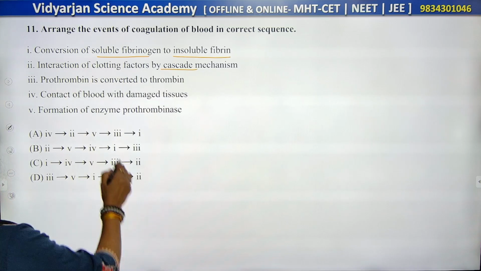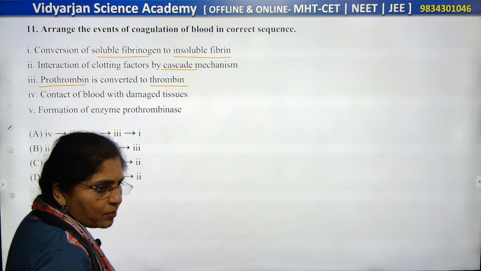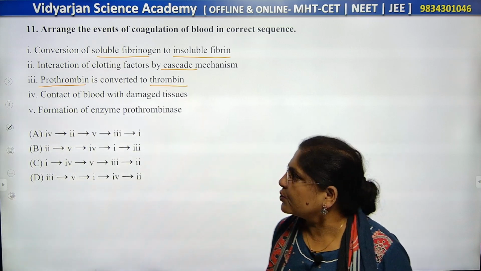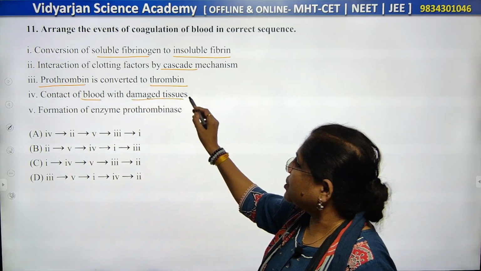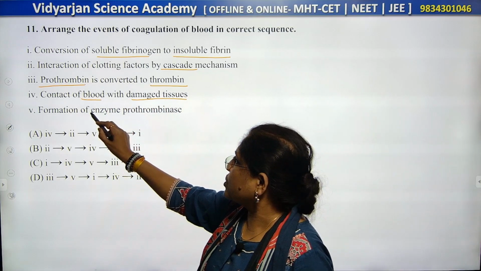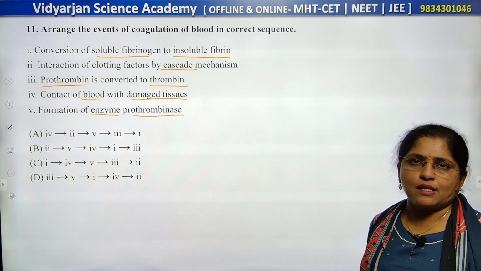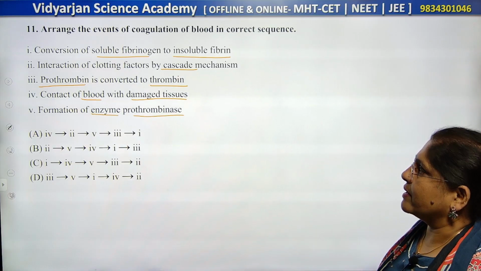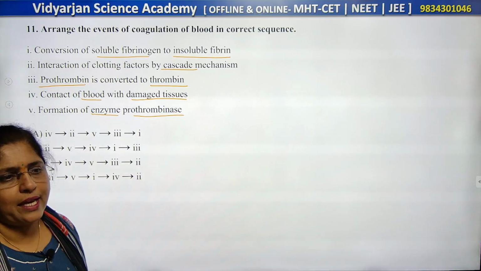Number 3, prothrombin is converted into thrombin. Then contact of blood with damaged tissues and formation of enzyme prothrombinase. So what should be your correct sequence? So your correct answer here is, any guess?